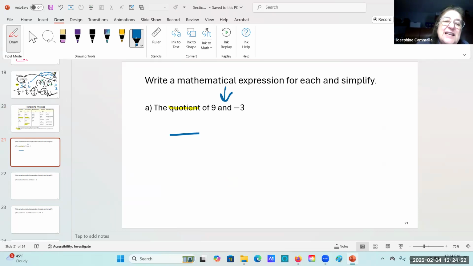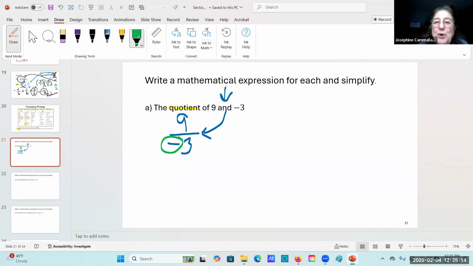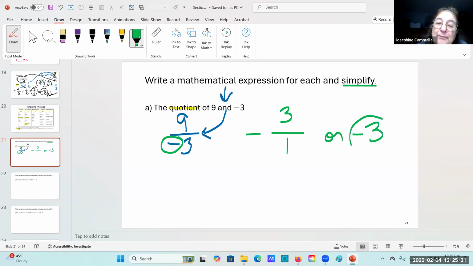See where this and is? The and represents the fraction bar. What's in front of the word and, what's behind the word and creates a fraction. Now remember, as we talked about, this negative is with the denominator. When I simplify it, I put the negative with the reduced fraction of 3 over 1, or just negative 3.